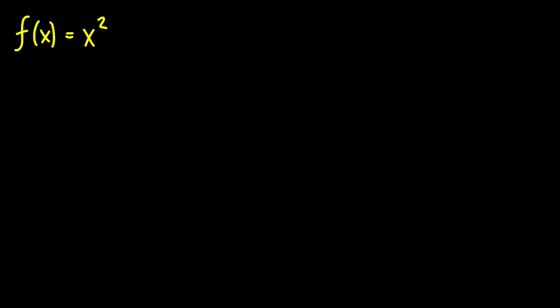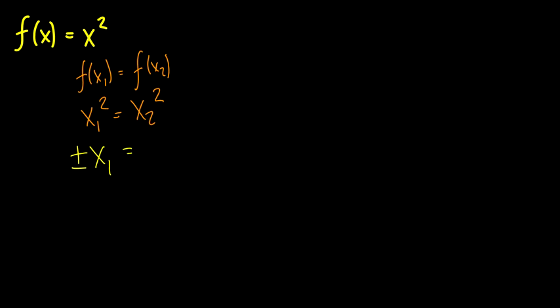Let's try f of x is equal to x squared. We start off by saying f of x1 is going to be equal to f of x2. So x1 squared is going to equal x2 squared, which means that plus or minus x1 is going to be equal to plus or minus x2.